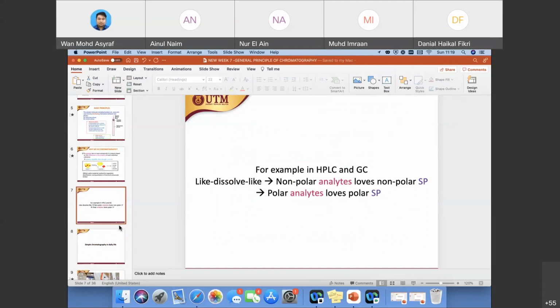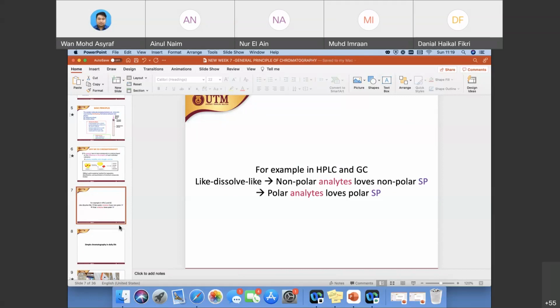Okay, like dissolves like. You need to remember that non-polar analytes would love a non-polar stationary phase, while polar analytes would love a polar stationary phase.